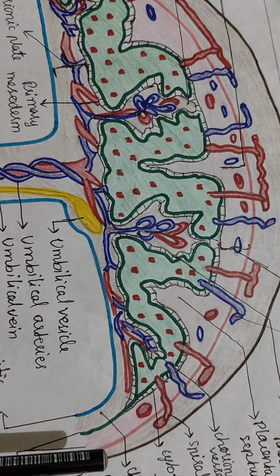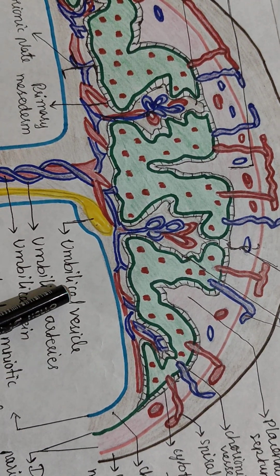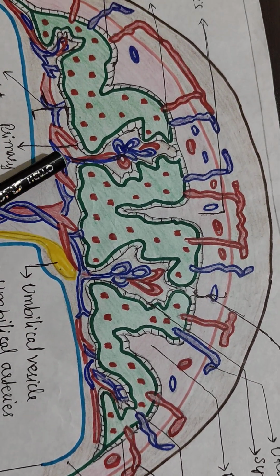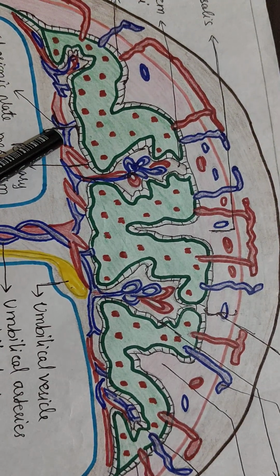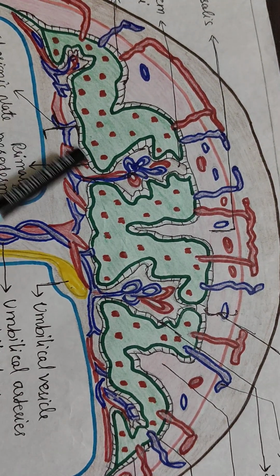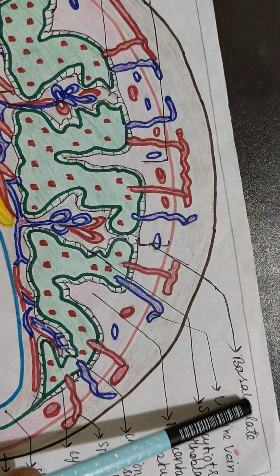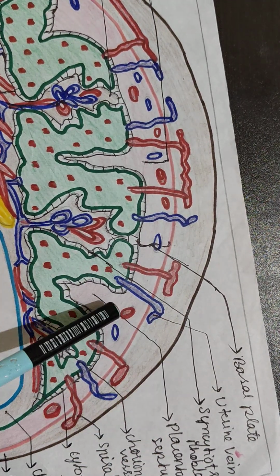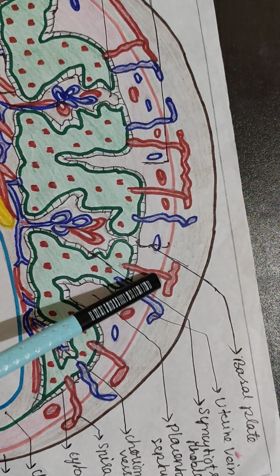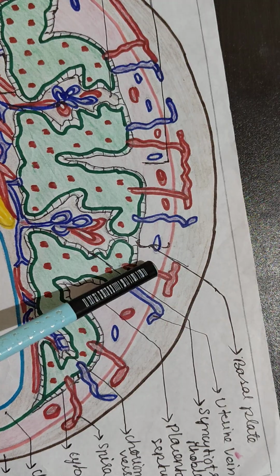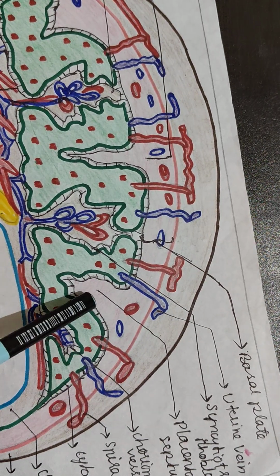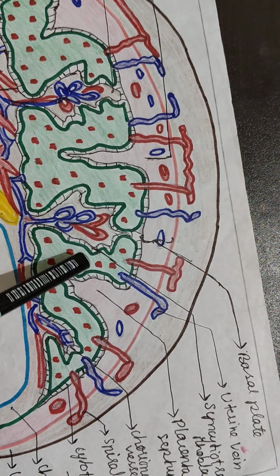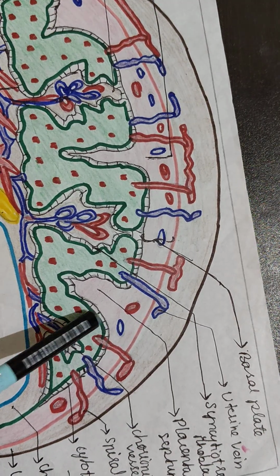And this is the matured placenta. This part is the primary mesoderm, this is the chorionic plate, and this is the basal plate. This is the uterine vein and uterine arteries, which we can say are the spiral arteries. And the placental septum, this is the chorionic villi, and in between them the placental septum will be there.